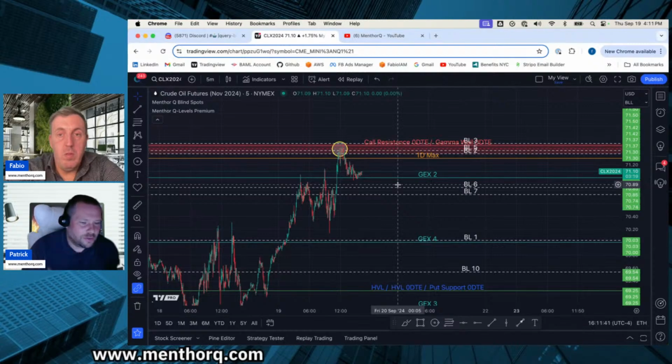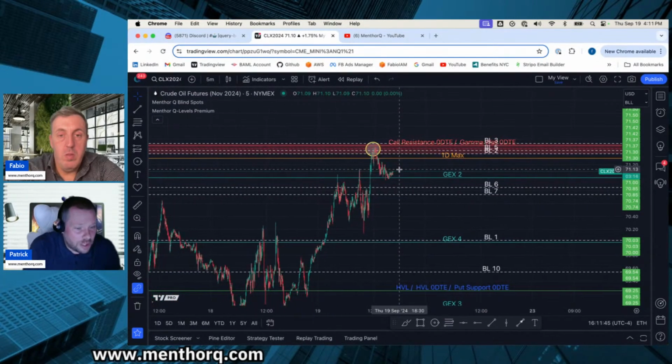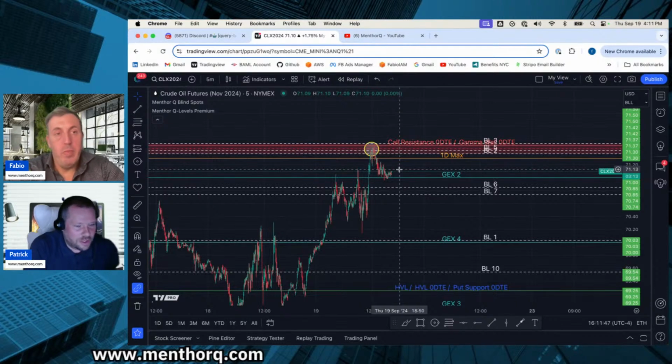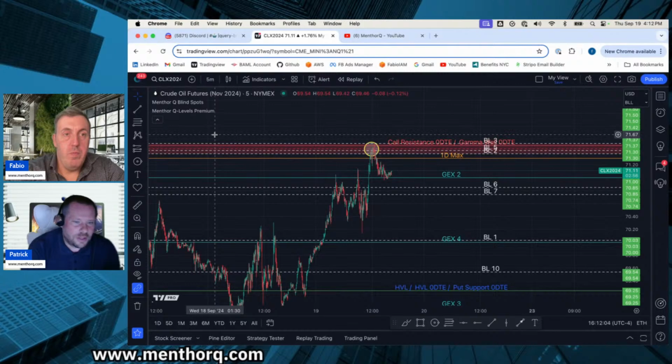Always look at the levels that are in focus now, in play. Then you can react, you can observe, see how this works, and maybe implement this based on your A plus setup, your risk management, for profit taking, for open positions or something like this. But always look at the levels that are in play.